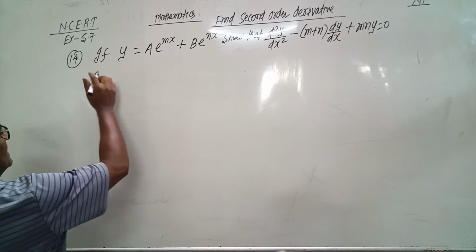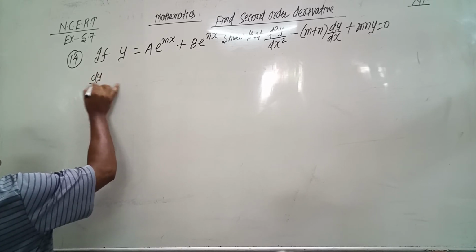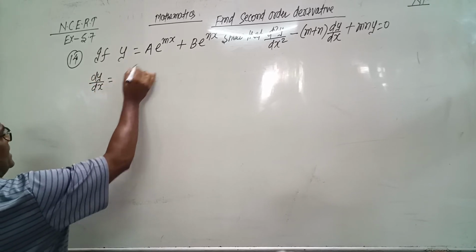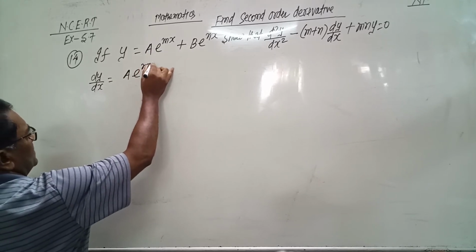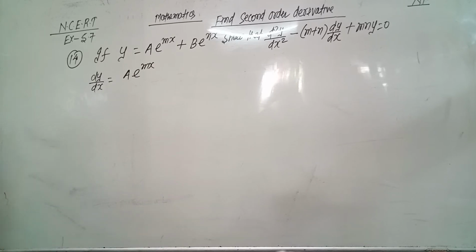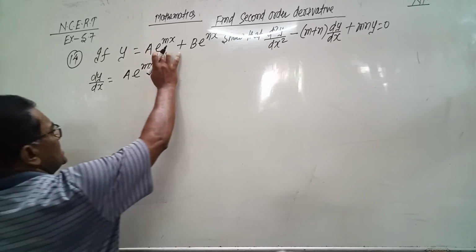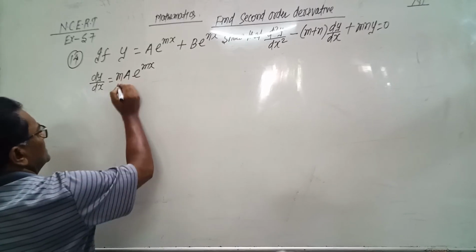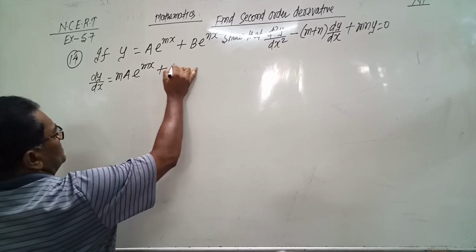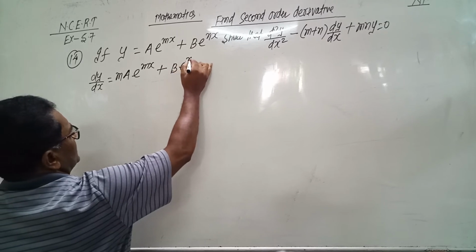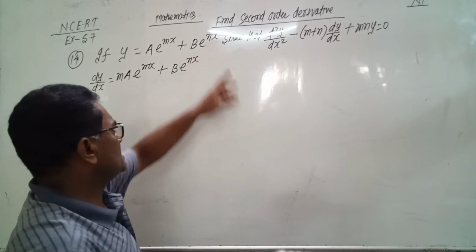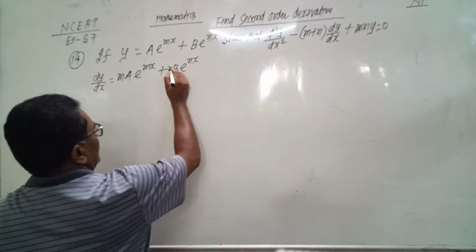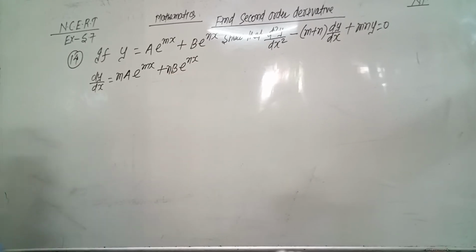So first we will find dy by dx. dy by dx equals a, the constant term as it is, differentiation of e raised to the power mx is e raised to the power mx, drop e, differentiation of mx is m, plus b as it is, differentiation of e raised to the power nx is e raised to the power nx, drop e, and differentiation of nx is n. So this is dy by dx.